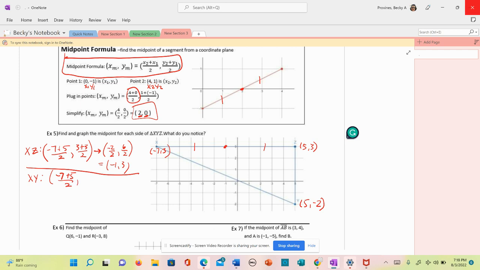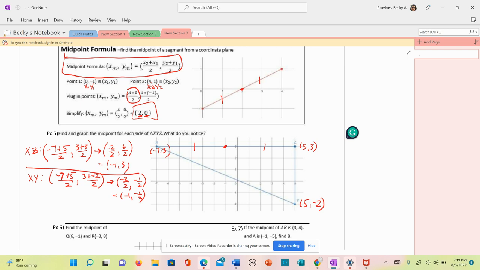Look above. Now let's do the y values, 3 and -2. Now let's simplify this. -7 and 5 is -2. And 3 and -2 is -1. So this simplifies down to -1 and a -1.5.